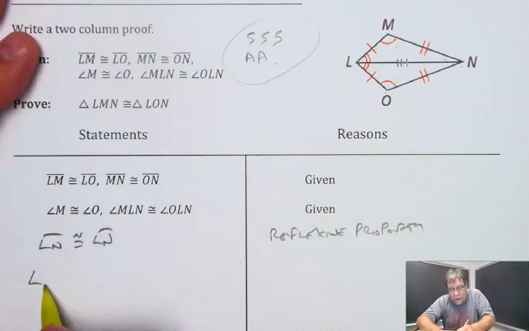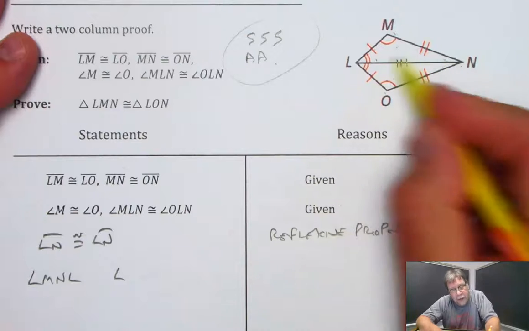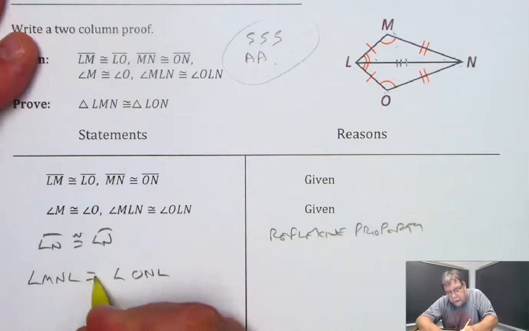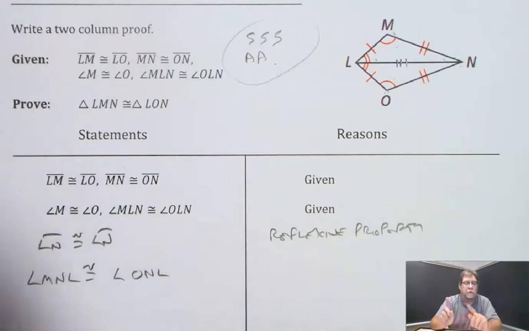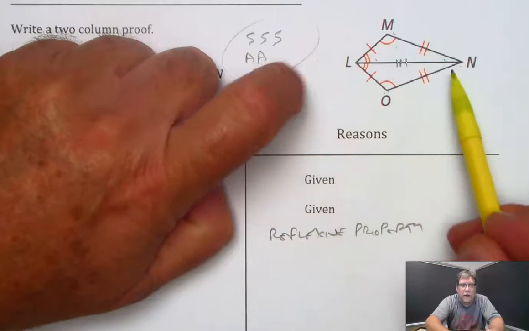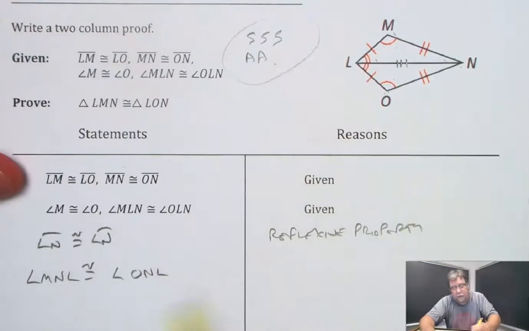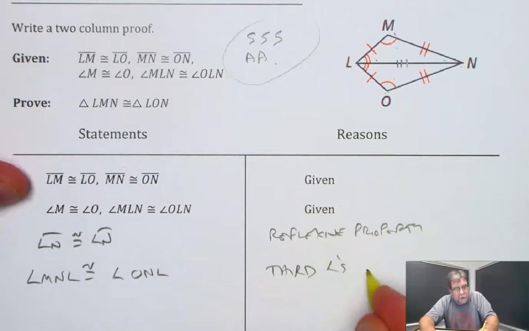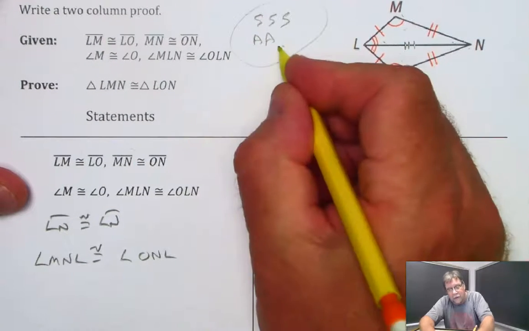Remember, angle MNL and ONL have to be congruent because, remember, we had the third angles postulate, which said that if 2 angles of a triangle are congruent to 2 other angles of a different triangle, then the third angles have to be congruent. So that's what we're going to use, the third angles theorem. That's what it's called. And finally, that's our other A.